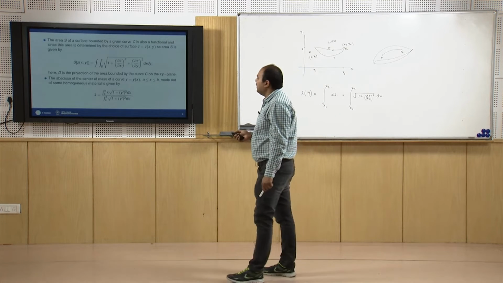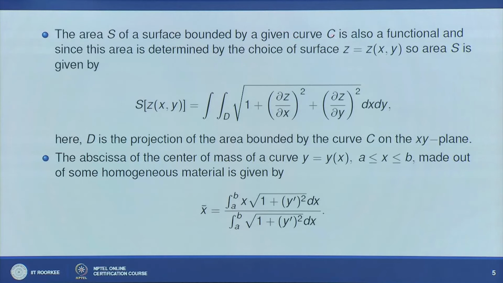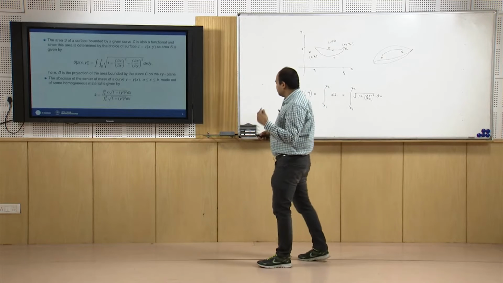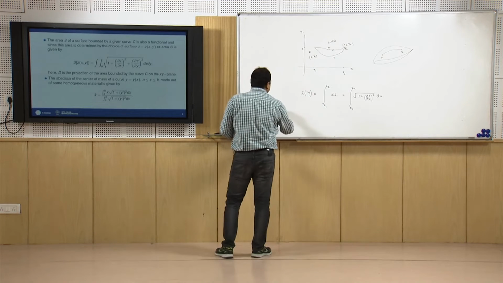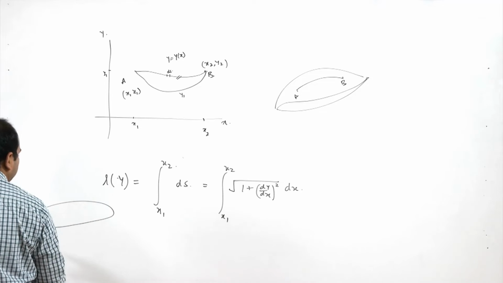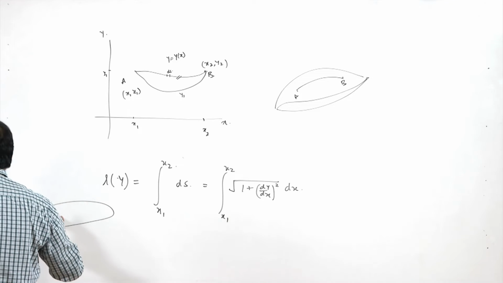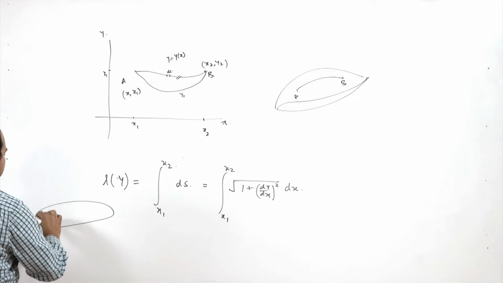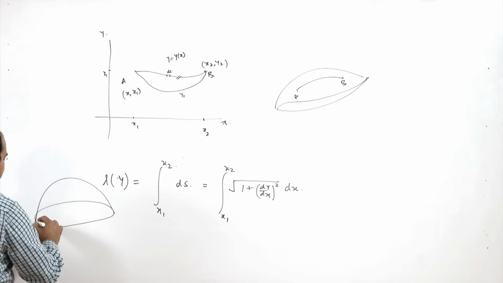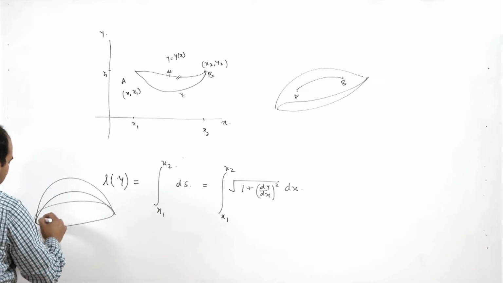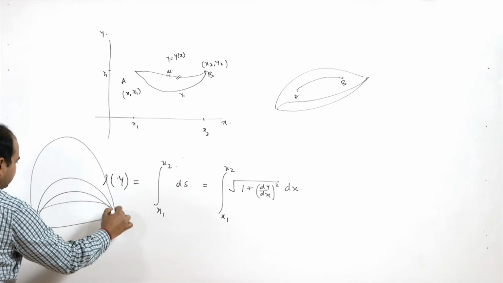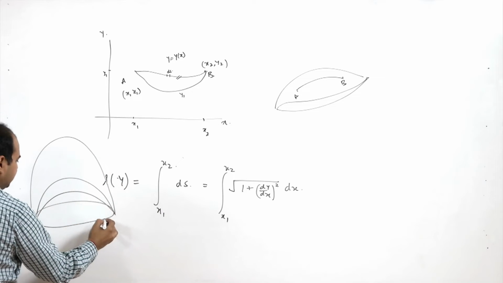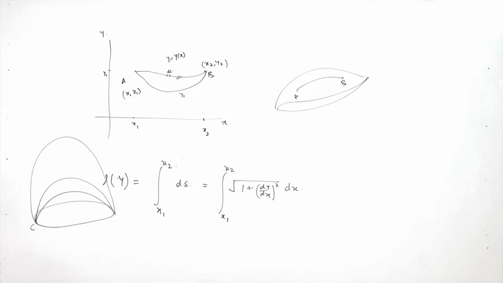Similarly, the area S of a surface bounded by a given curve is also a functional, since this area is determined by the choice of the surface. So let us say we have a curve C. We may have a surface like this, or a surface like this, and C is the curve which bounds this surface in this area.